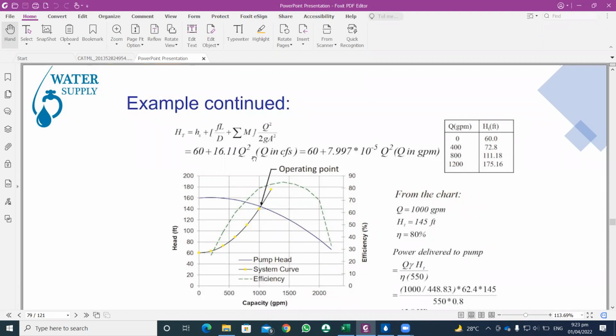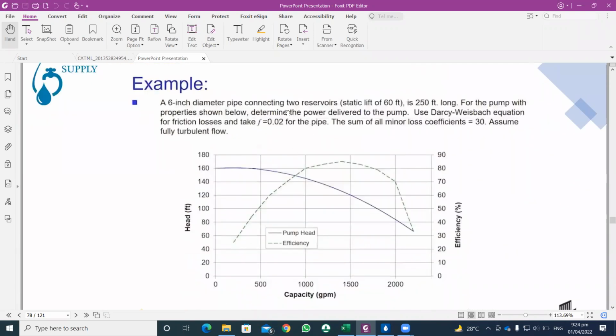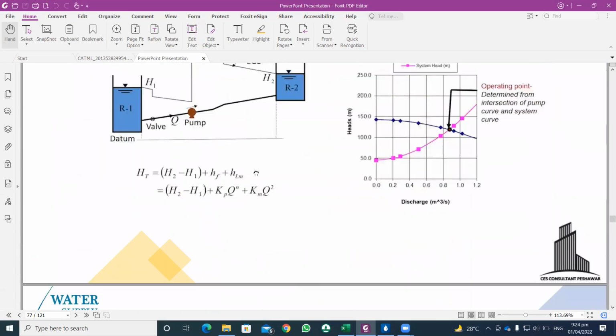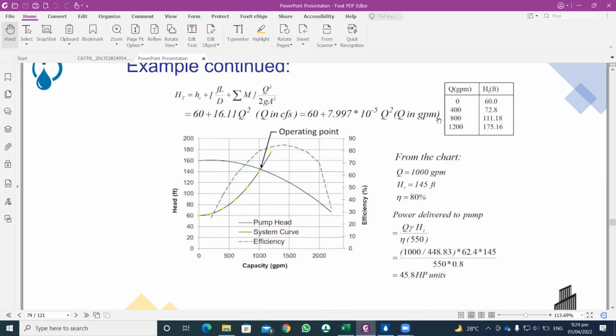So by using this equation, we will derive the system head for different flows of water through the system, just by putting these values in this equation. So we get this equation. So based on this equation, different heads are calculated by putting in a Q value.